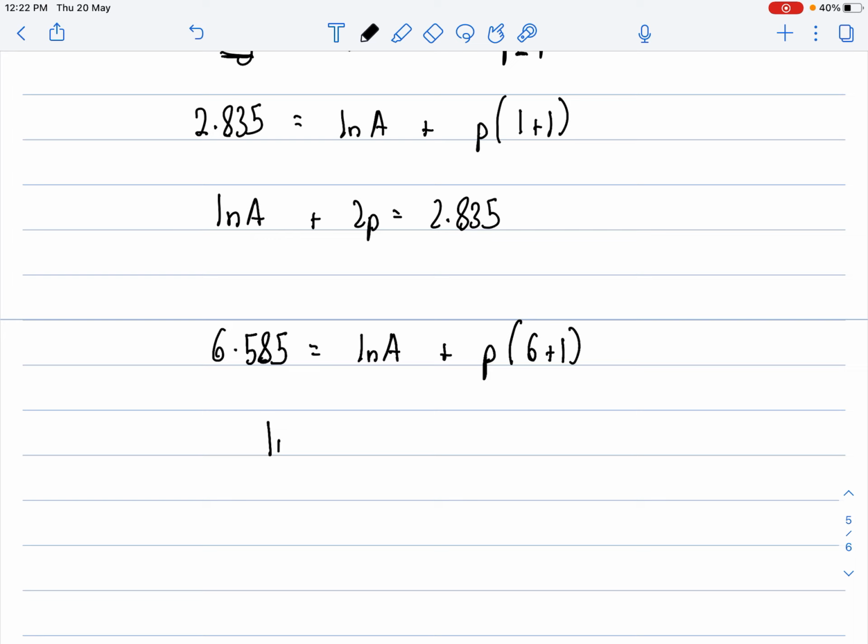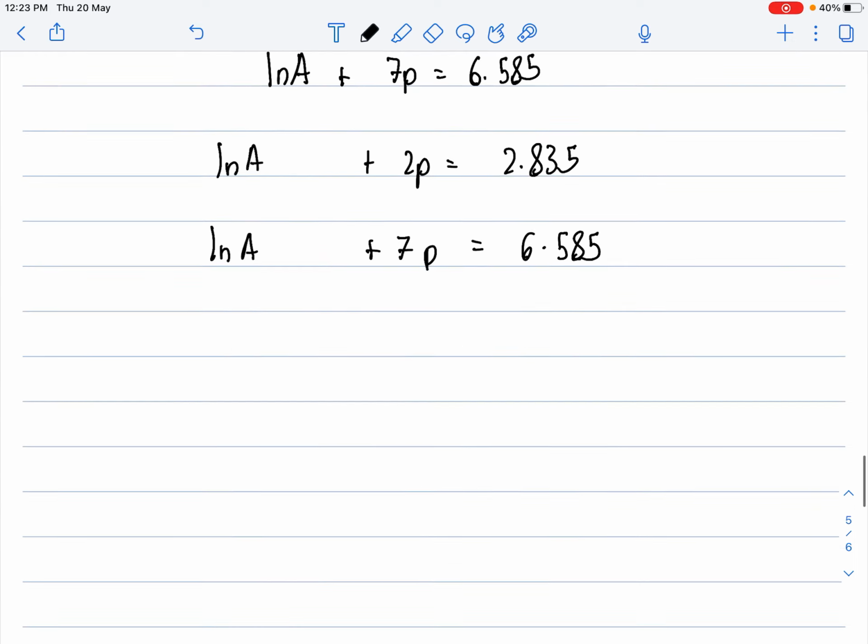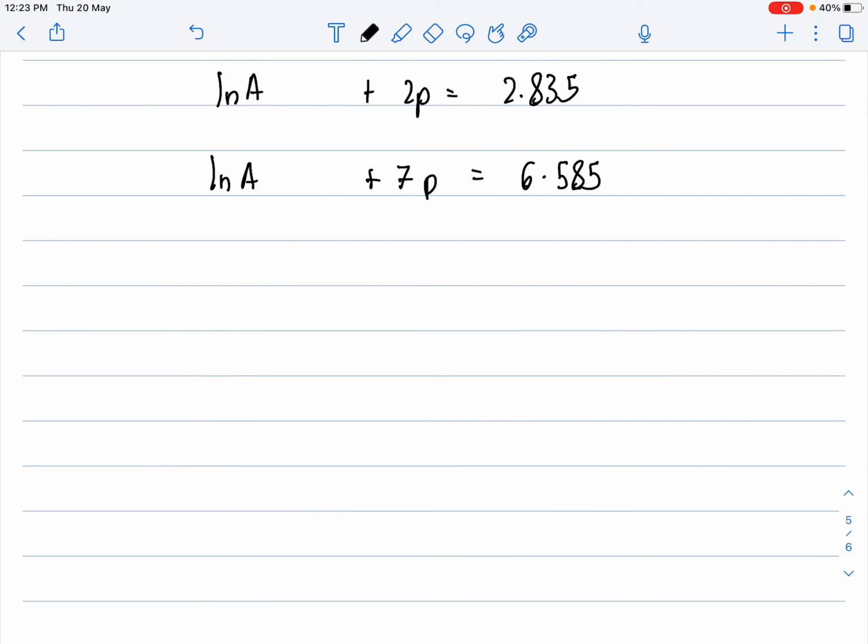So the equation I get is simply ln A plus 7p equals 6.585. Now I have my simultaneous equations here as ln A plus 2p equals 2.835, and ln A plus 7p equals 6.585.